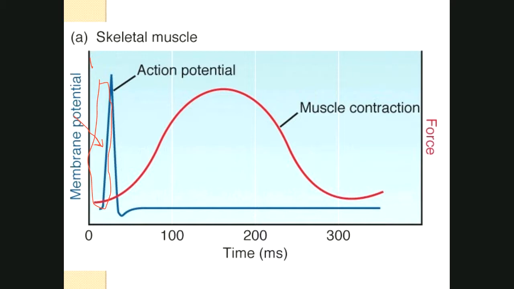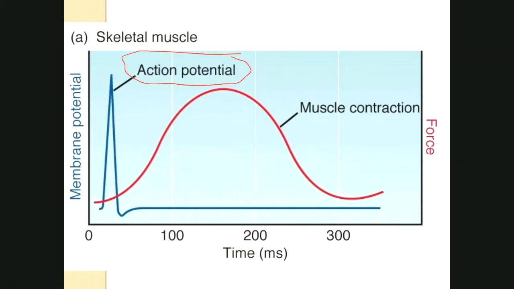Sodium enters. What happened on the other side here? What happened on this side? Potassium leaves. That makes sense? So two events are going on in the action potential of skeletal muscle.